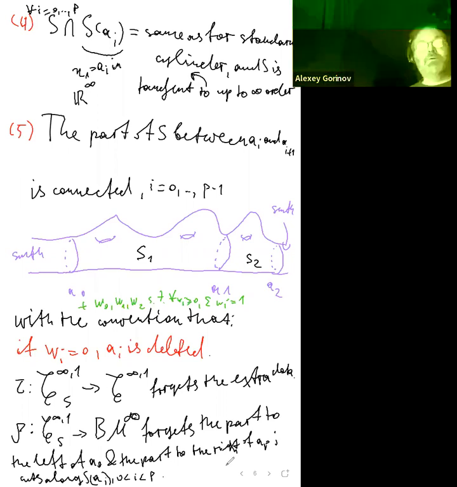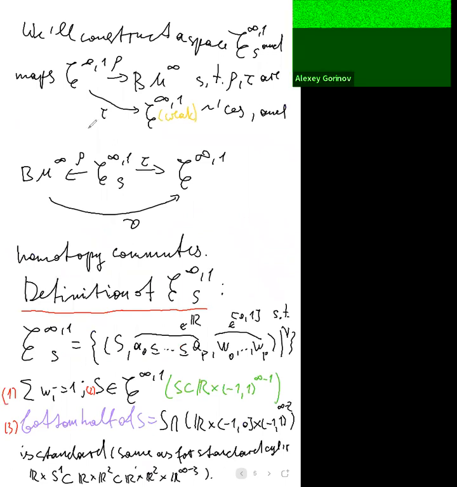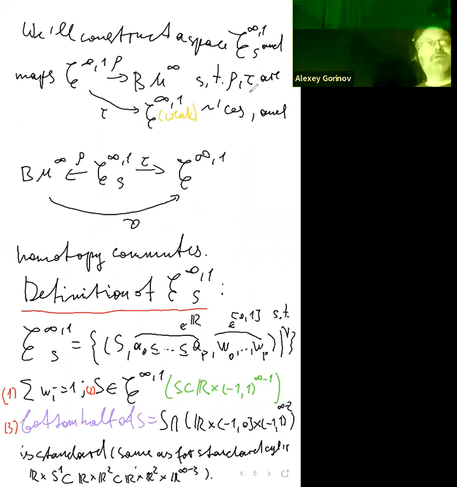Okay, now we want, what did we do? So we constructed some spaces, we constructed maps. Now, proving that those are homological equivalents is tricky.